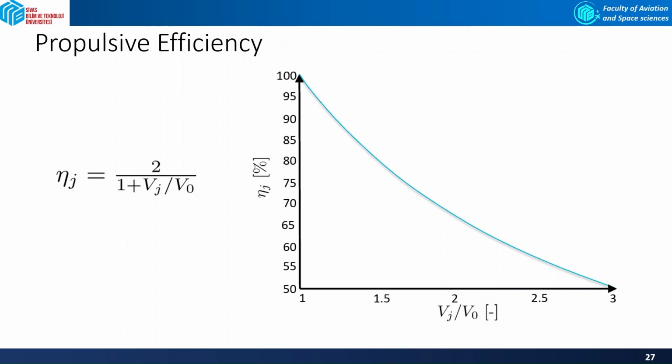This is very easy to understand because in order to create some thrust, you have to accelerate air, and physically you will leave some kinetic energy in the atmosphere behind the vehicle. So that is considered as the loss of this system.